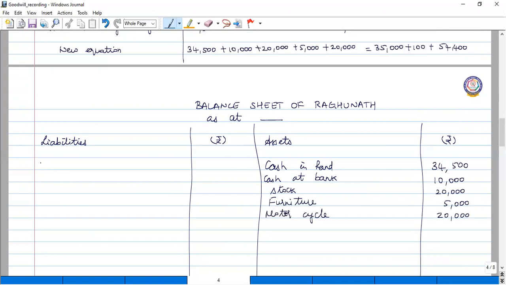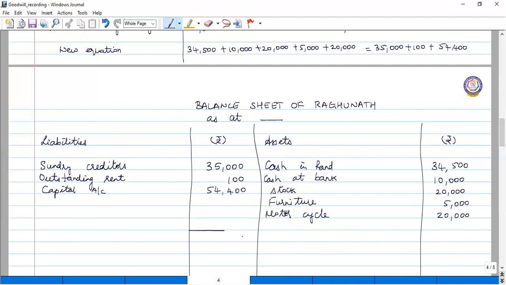Liabilities, we have creditors. We have two creditors together, so we will mention it as sundry creditors. And then we have outstanding rent, and then we have our capital account. Okay, so sundry creditors rupees 35,000, then 100 rupees for outstanding expense, and 54,400 for capital.